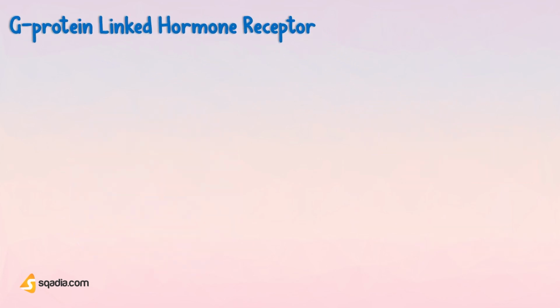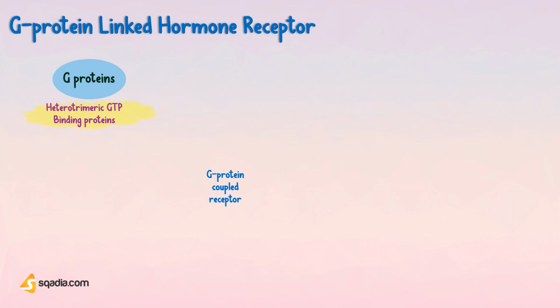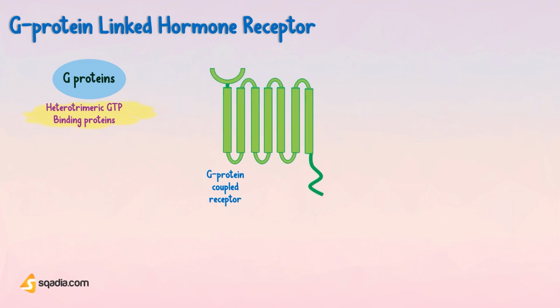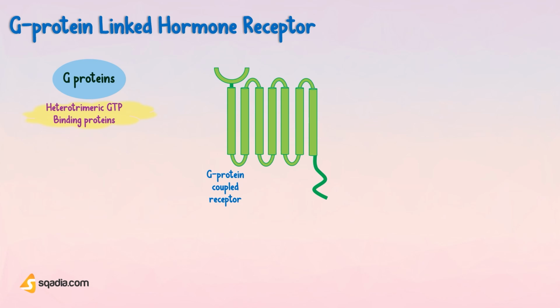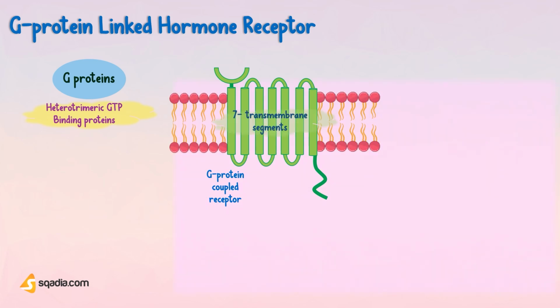So what are G-protein-linked hormone receptors? G-proteins are groups of cell membrane proteins called heterotrimeric GTP-binding proteins, and here the receptors where the hormone binds are known as G-protein-coupled receptors. These 7 transmembrane segments loop in and out of the cell membrane. The cytoplasmic tail of the receptor is coupled to G-proteins.